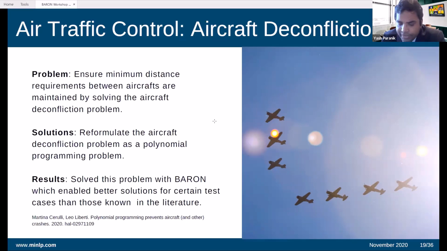Currently, it's solved manually by human air traffic controllers, and of course, they do a phenomenal job, because if we consider the number of flights that were flying in pre-COVID times, and the amount of transport that was happening through airplanes, you can imagine the number of problems that these air traffic controllers need to solve and how fast they need to solve them to make sure they keep everyone safe.